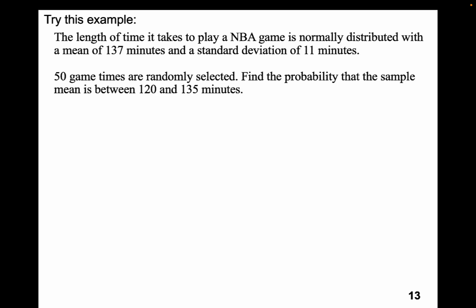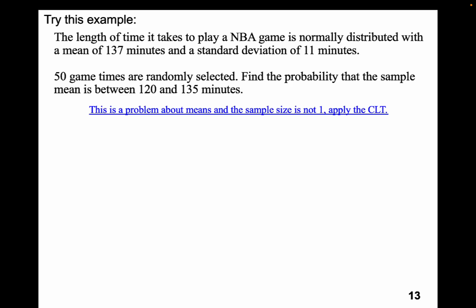All right, pause the video, open StatCrunch, give this one a try, and a hint, make sure you switch it to between. Welcome back. Let's see how you did. If you recognize that this problem is about means and the sample size is 50, so it's not 1, then we need to apply the central limit theorem.